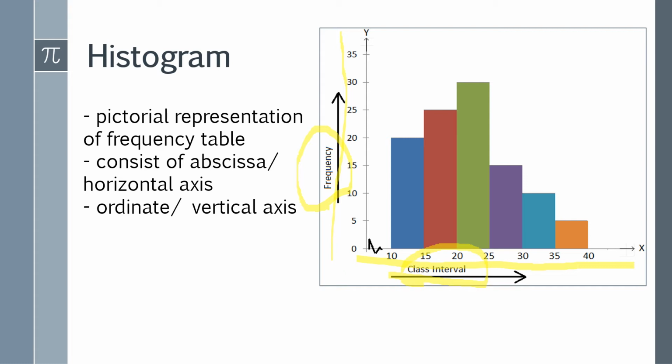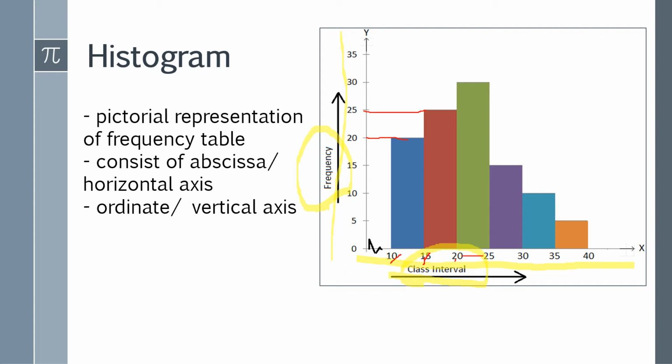So kung titignan natin dito, okay, palitan ko lang yung aking ink. Okay. So on the class interval of 10 to 15, ilan yung frequency na pwede natin makuha is around 20. On the class interval of between 15 to 20, ilan yung frequency natin? 25.